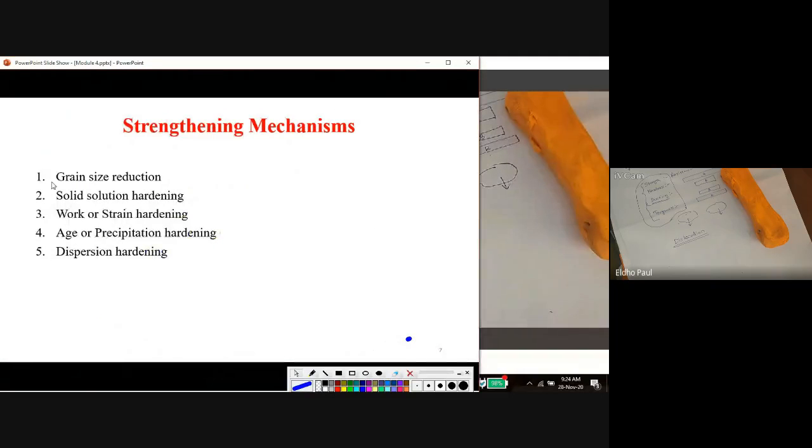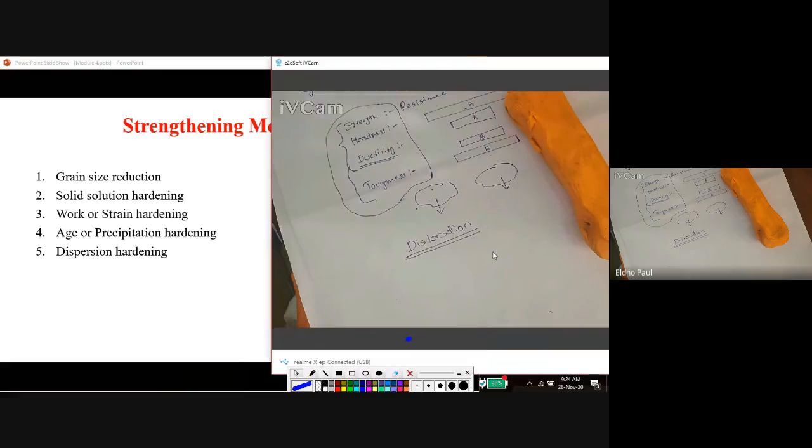These are the 5 different strengthening mechanisms. In all 5 strengthening mechanisms, what we do is either remove the dislocations from the material or restrict the motion of dislocations by using different mechanisms.